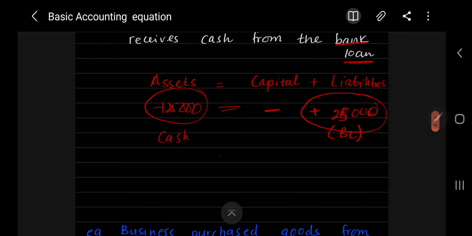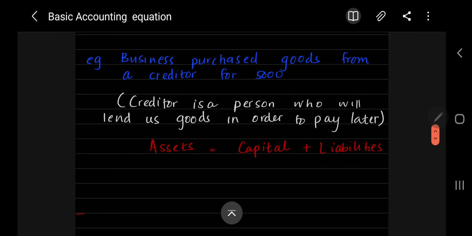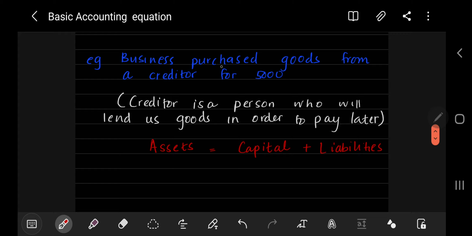So I'm moving to the next part with another example. Here, the business purchased goods from a creditor for 5,000. A creditor is a person who will lend us goods in order to pay later. So we are getting goods, or the resource, to the business with the promise of paying later.